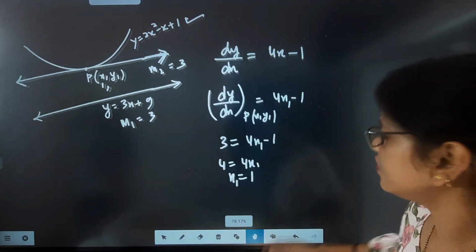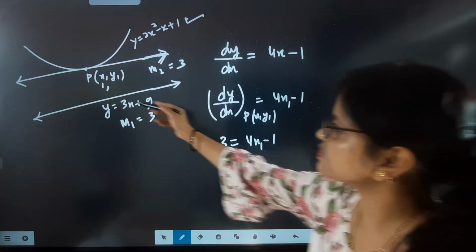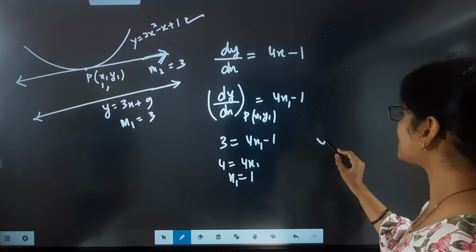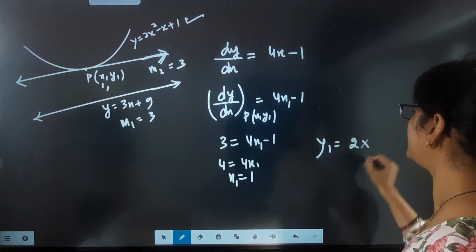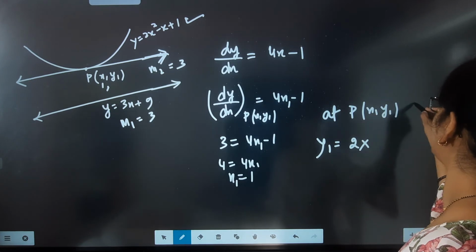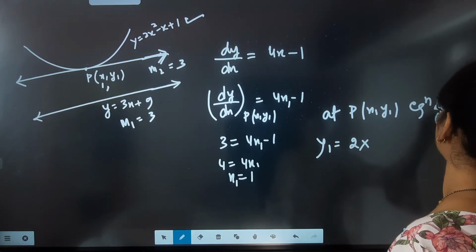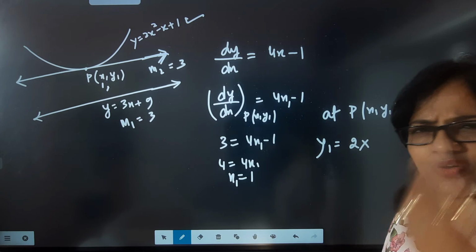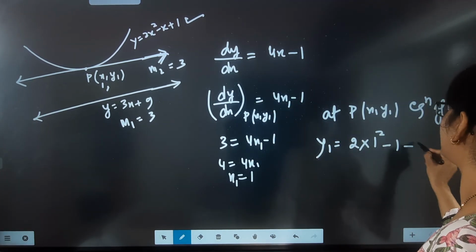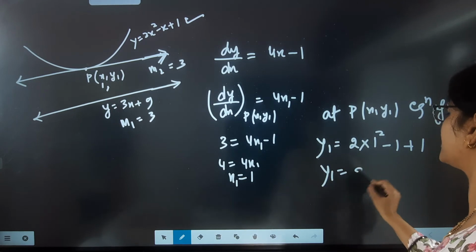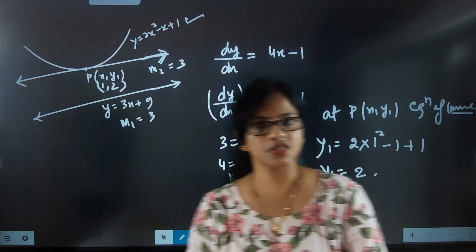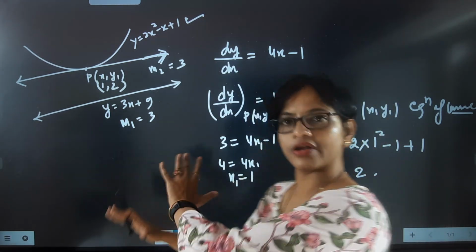The x1 value you already know, the y value you don't know, so we have to find it. So y1 = 2(1)² - 1 + 1. So y1 is coming as 2. So now you have the contact point as (1, 2). That's it. This is the contact point.